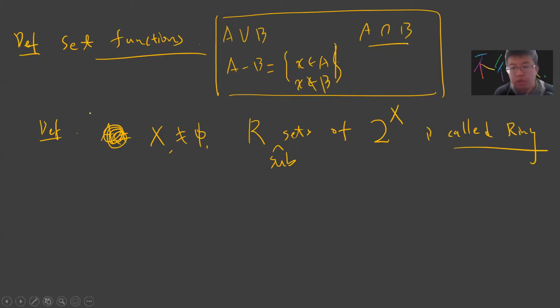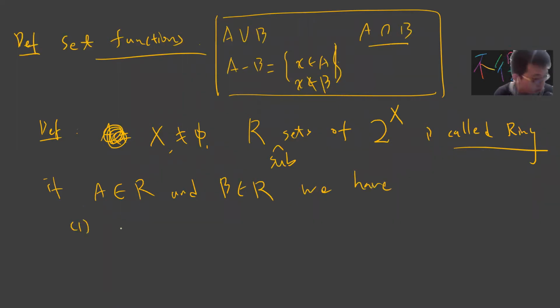So a ring has two operations, right? Given any two sets A and B belonging to the ring, we have, one, that A union B belongs to the ring.